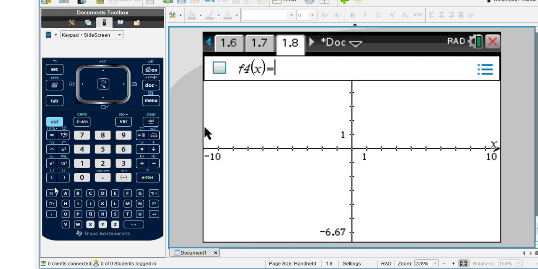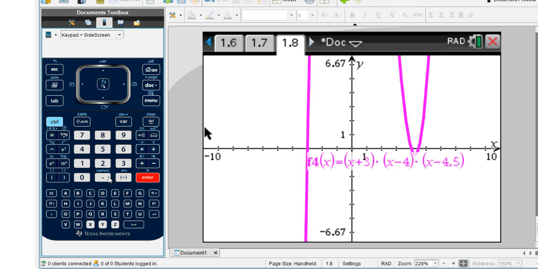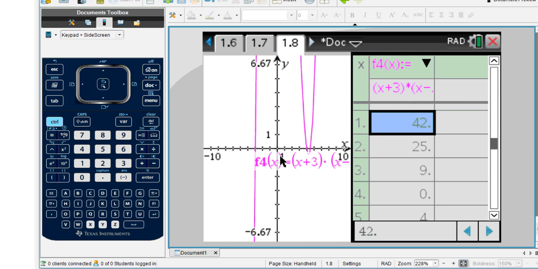I'm going to put parentheses, x plus 3 times quantity x minus 4 times quantity x minus 4.5, and then we graph that. We go to table view, Control T. We should see that, right?